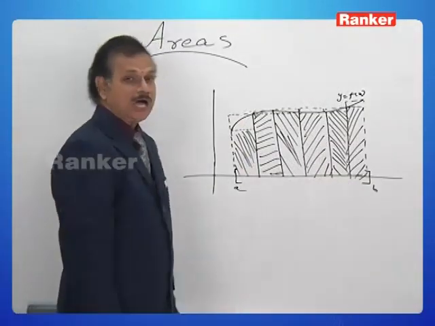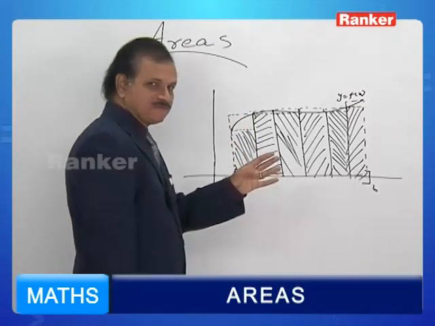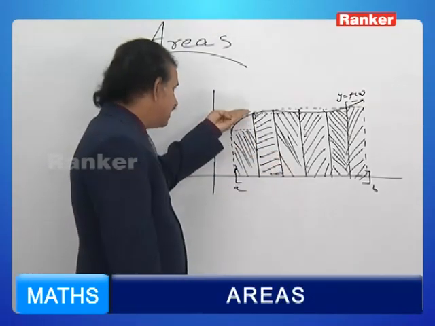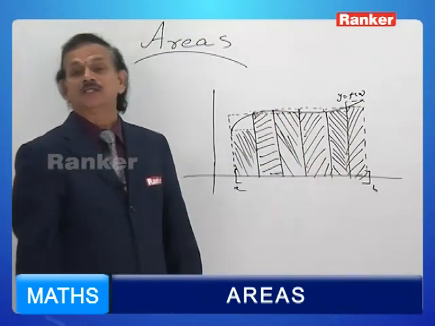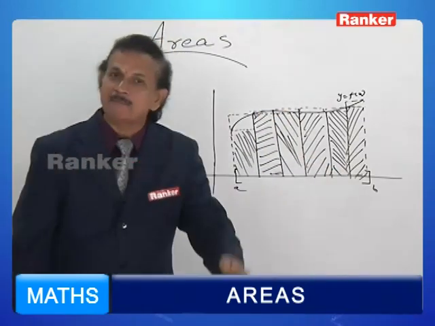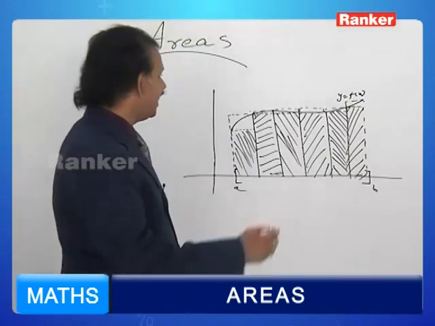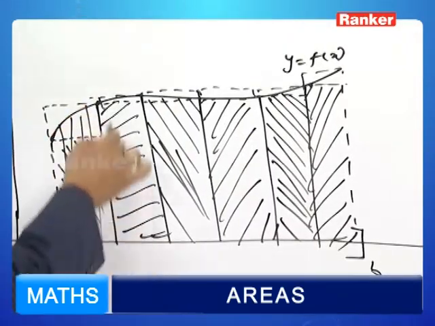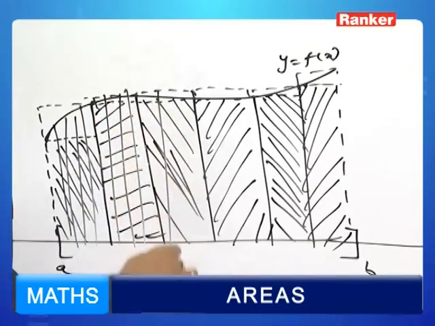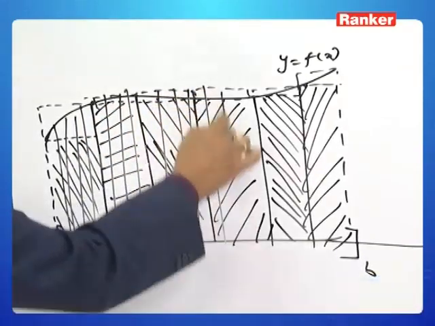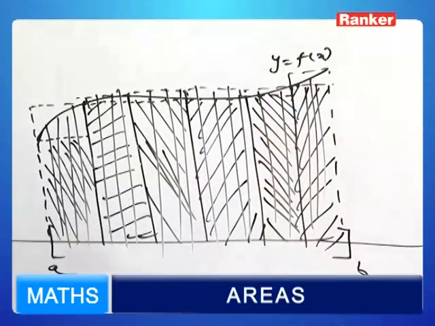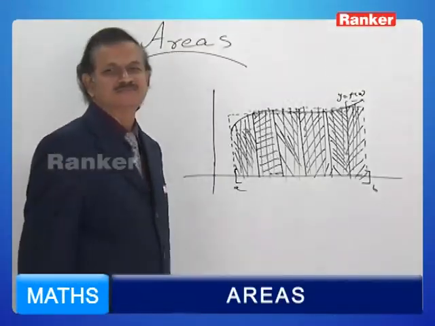Therefore, the sum of all the rectangles which have been considered as upper rectangles is then termed as upper area. And if you increase the number of slices here like this, then the difference between the areas of upper rectangles and lower rectangles will be diminished.